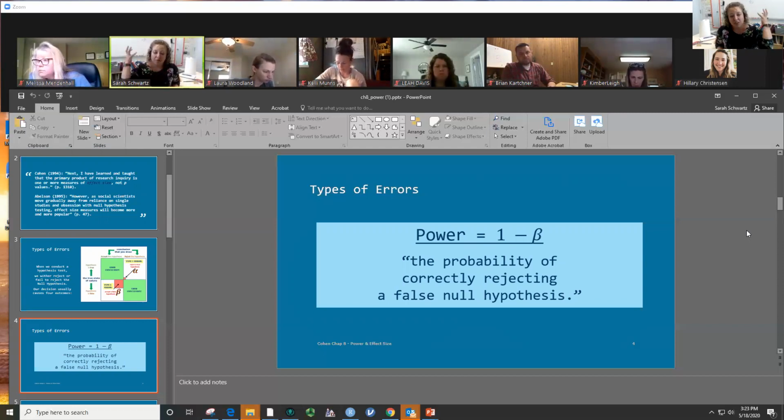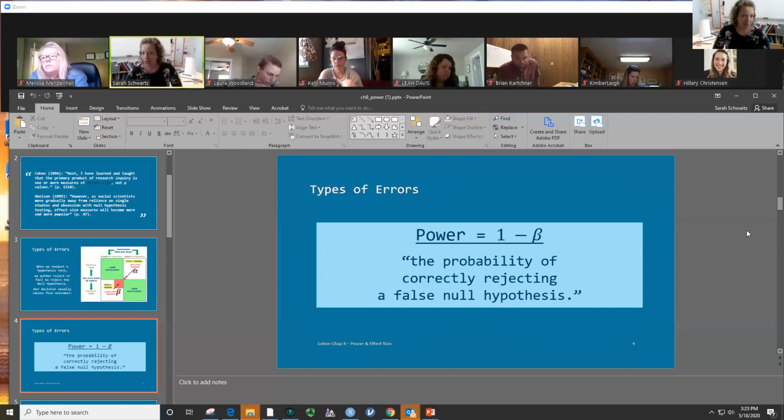So we set up the null hypothesis as the straw man to knock down. We want to reject the null hypothesis usually, because the null hypothesis is usually that nothing's going on. So the null hypothesis might be the drug does nothing, the placebo and drug group are the same. But really the hypothesis we're interested in, or that we think is the case, is that the drug is useful.